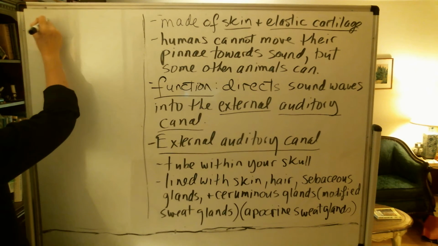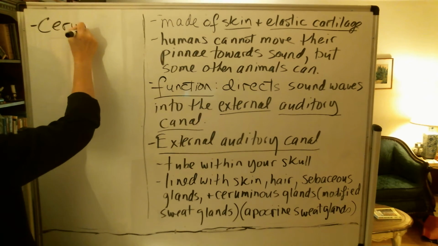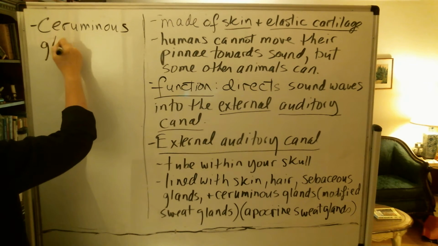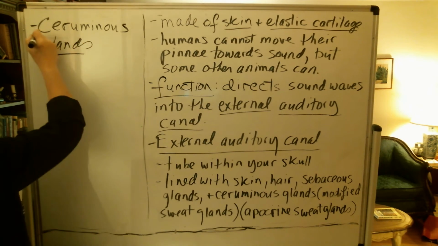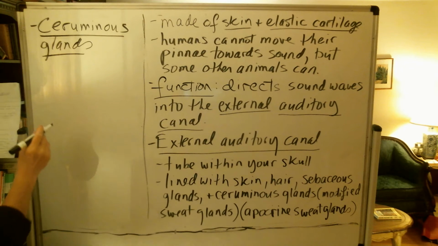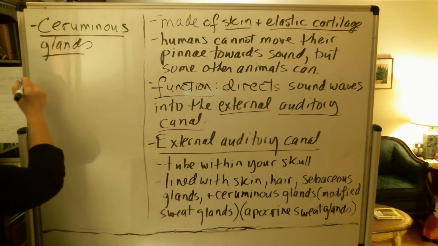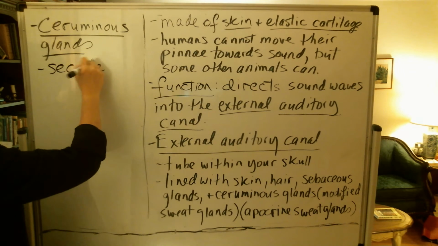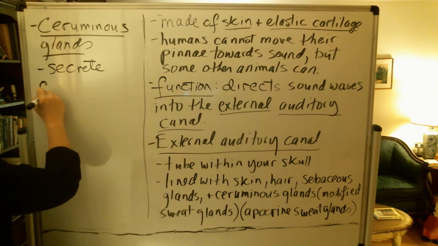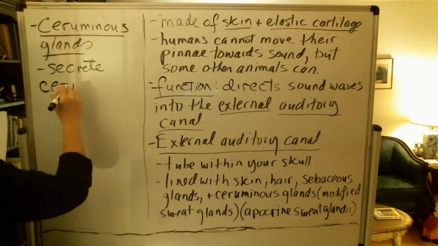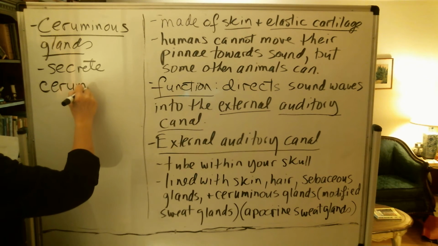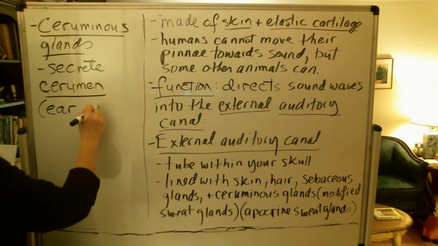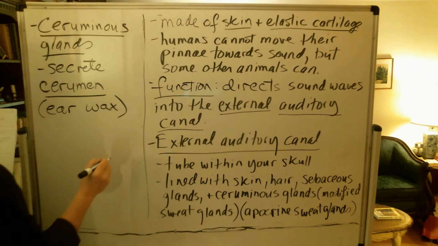So your ceruminous glands then are special. These secrete a substance called cerumen, which you and I would tend to call earwax.